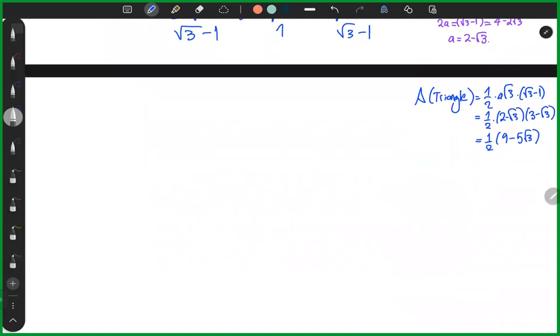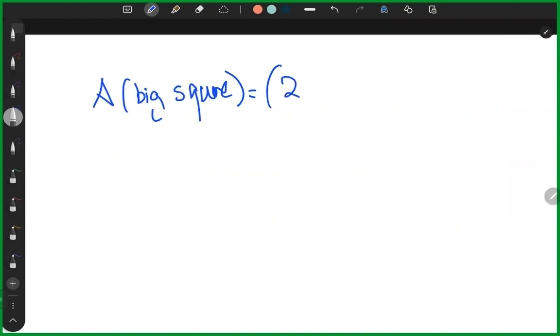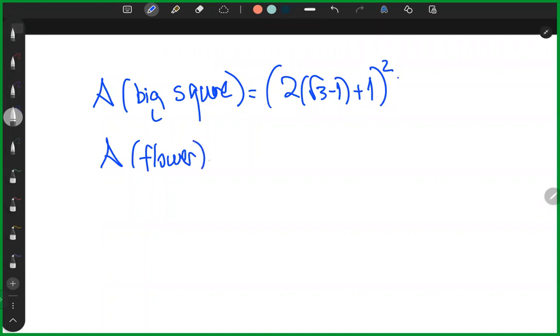So the area of the big square is just 2 copies of (√3 - 1) plus 1, quantity squared. So the area of the flower is the area of the square inside, which is indeed 2 times (√3 - 1) squared, minus 8 copies of the area of the triangle.